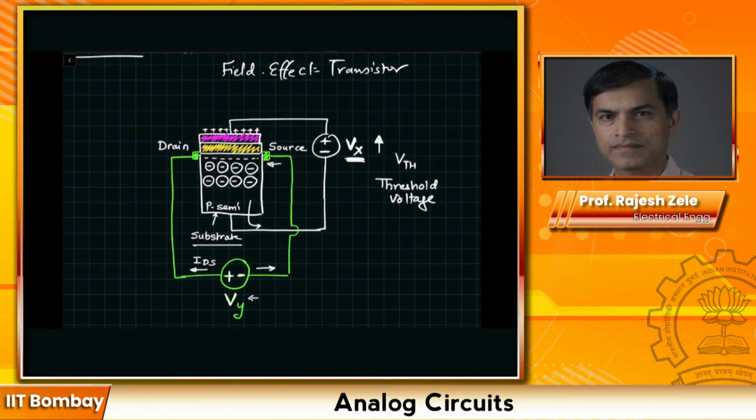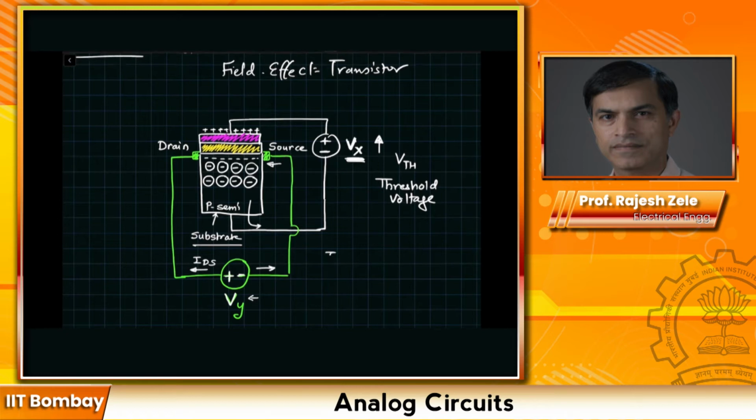If we keep increasing Vx further, then after a critical value of voltage, which is VTH, the threshold voltage, we withdraw free electrons from the source region and they form a channel under the oxide region. That's when we call the channel inverted, or the inversion region, because the free carriers which were holes before are now electrons.